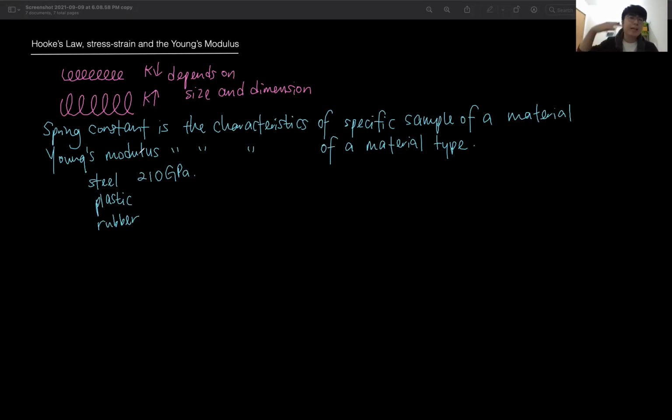So the higher it is, the stiffer is the material. Not spring, the material. Stiff material means that they can resist tension and compression. They are very good at resisting all this. So steel is roughly 210, plastic is about 2 gigapascal, and rubber is maybe about 0.02 gigapascal.